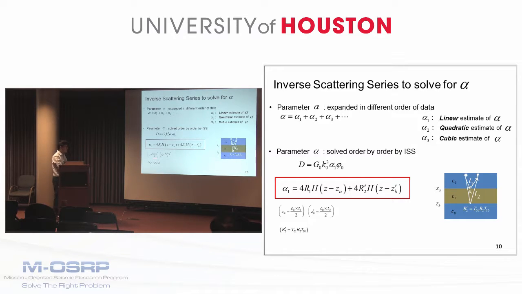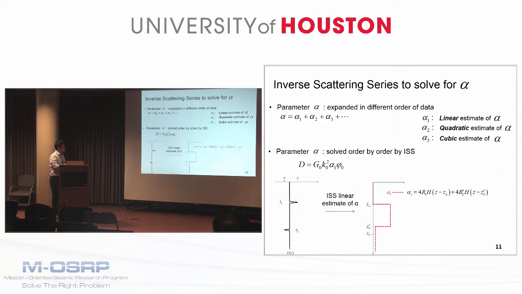This R2 prime is T01, R2, and T10, whereas this R1 is the reflection coefficient for the first reflector. Then we use this data as input, and the first term, the linear term of the ISS, provides the linear estimate of alpha. And here we provide a plot of alpha as a function of depth, and here is a specific expression.